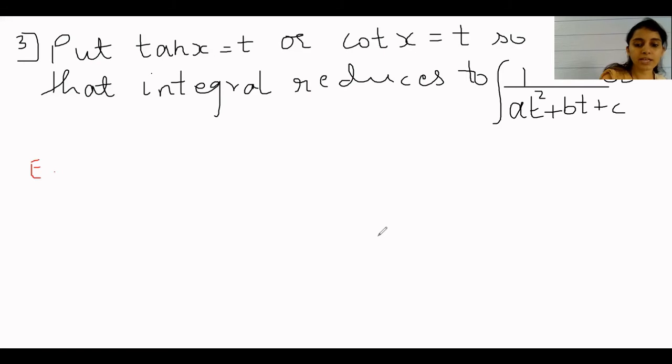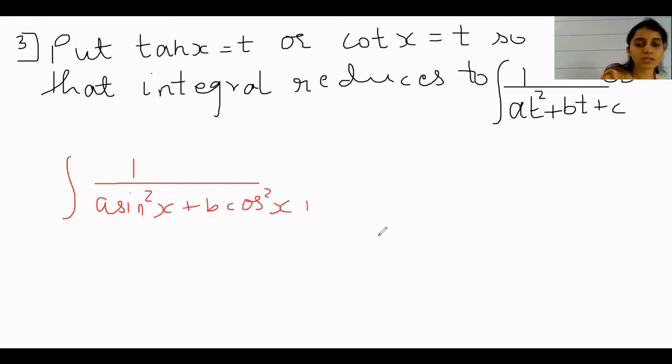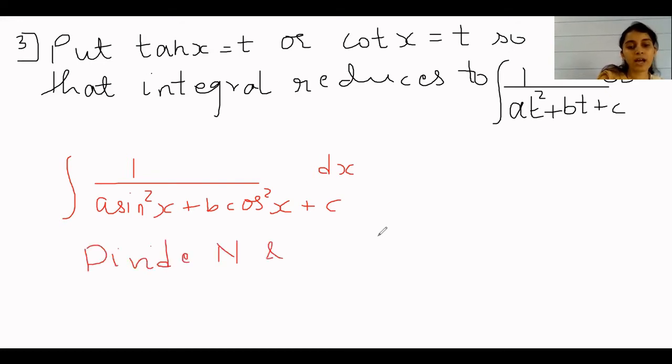So we'll take the type directly: integration of 1 upon a sine square x plus b cos square x plus c dx. What is the first step? Divide either by sine square x or by cos square x. Here we will divide by cos square x. So divide numerator and denominator by cos square x.